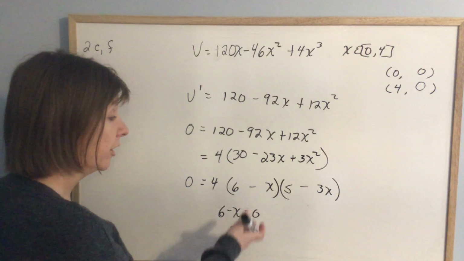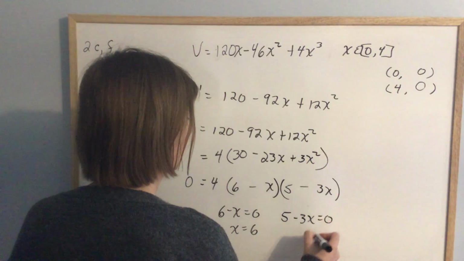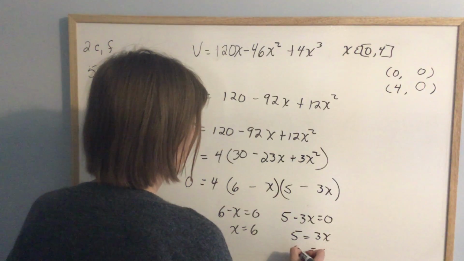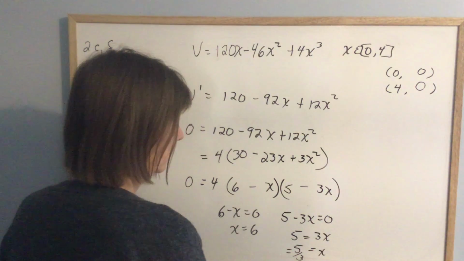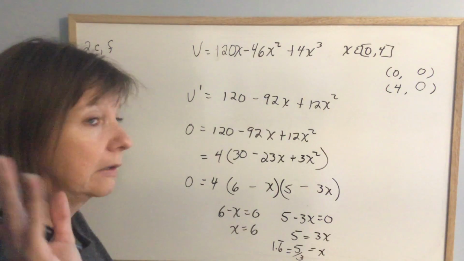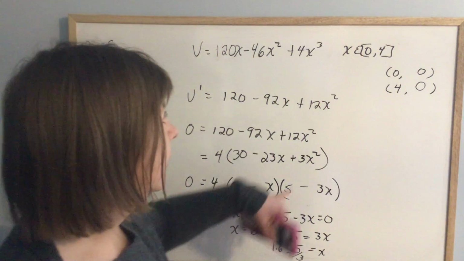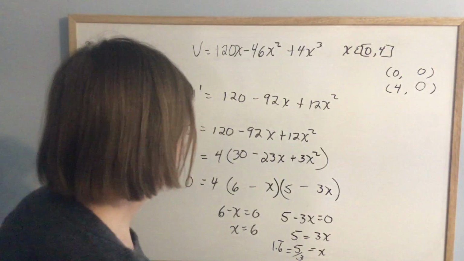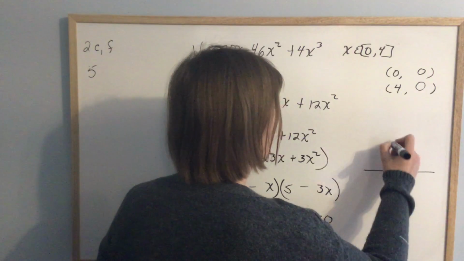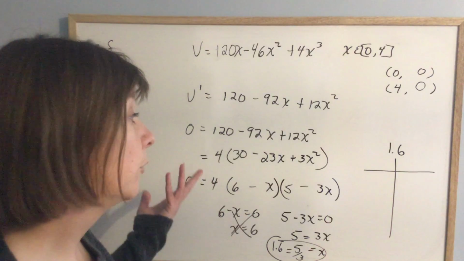And you could do this by quadratic equation and you get the same thing. Or 5 minus 3x is equal to 0. So 5 is equal to 3x. So unfortunately, x is 5 over 3, which would be like 1.66666 forever, right? So we automatically reject this answer of 6 because that's bigger than 4. So that's a no. So 1.6, or 5 over 3, is what I'm getting.